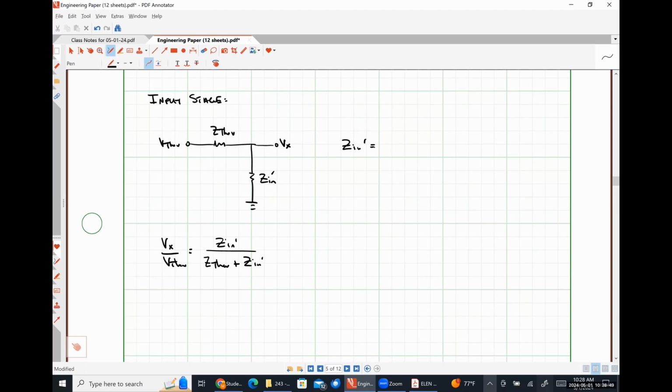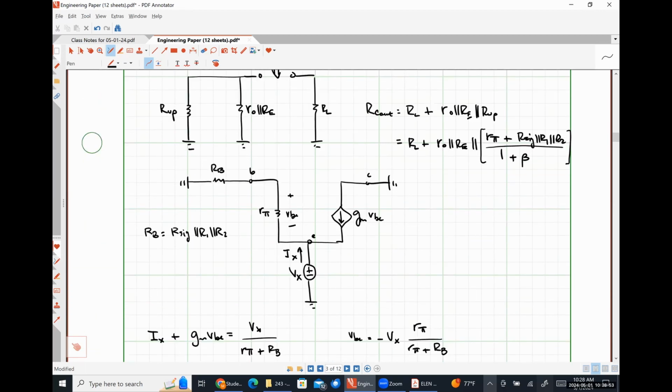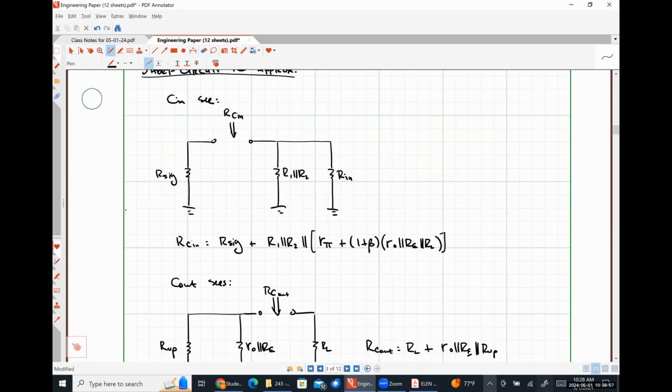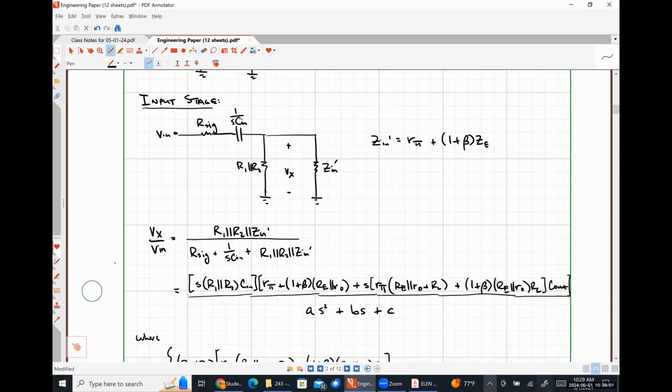So earlier, let me scroll up here. Zin prime looked like R pi plus 1 plus beta RE.